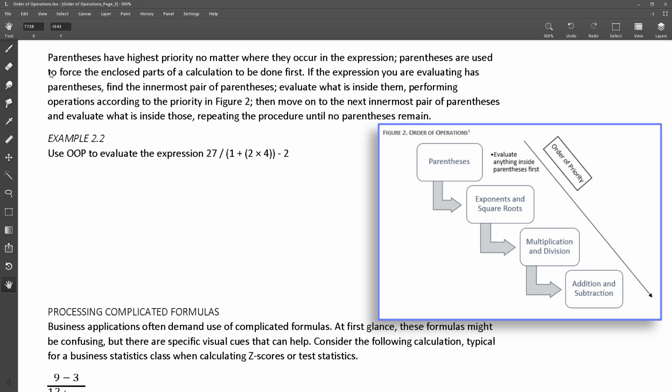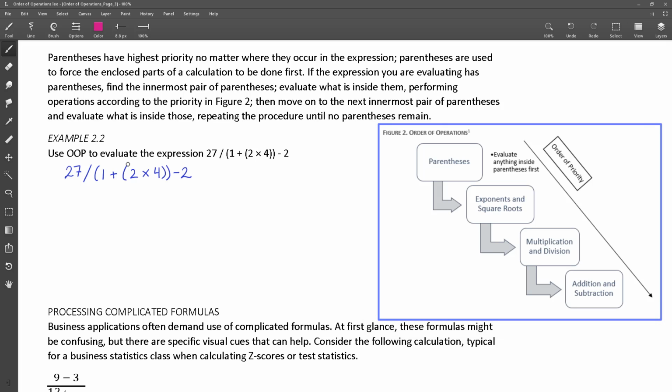So taking a look at example 2.2, it says use order of operations to evaluate the expression 27 divided by, and in our first set of parentheses, we have 1 plus, then another set of parentheses, enclosing 2 times 4, close parentheses, minus 2. All right, so I'm going to rewrite the expression so that I can manipulate it more easily with my pen.